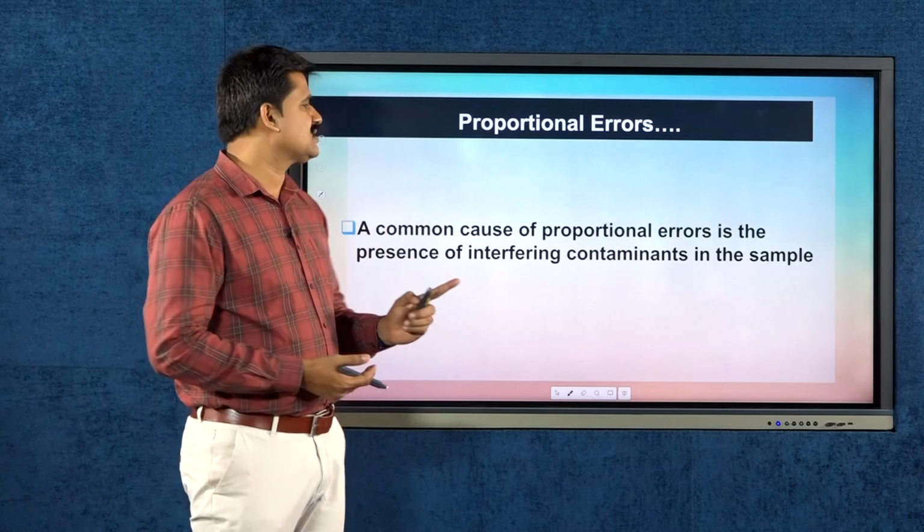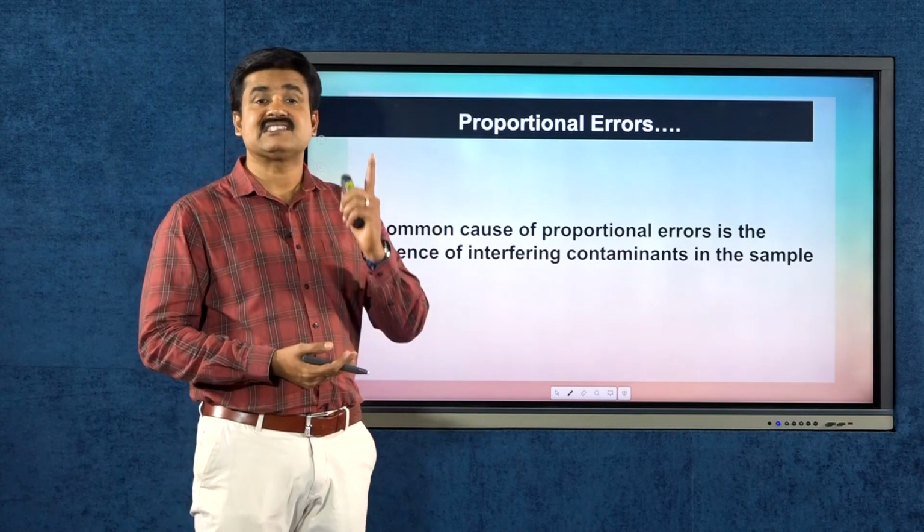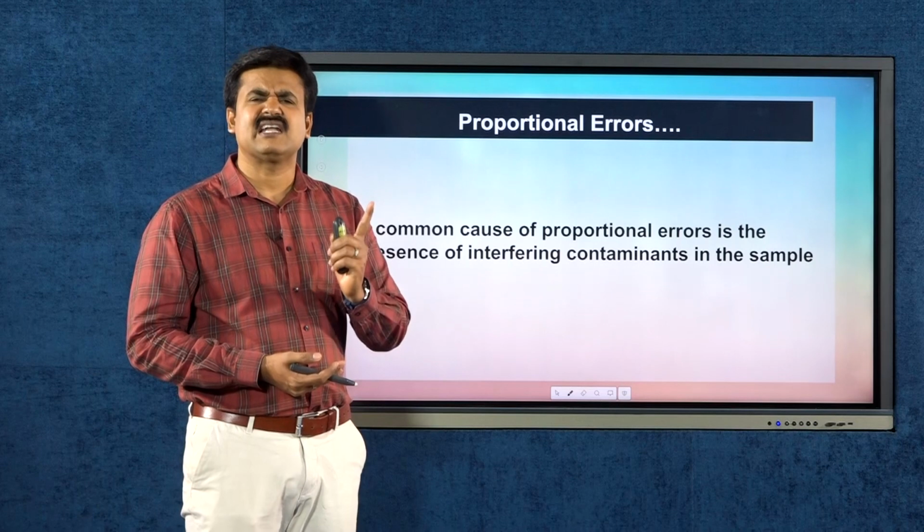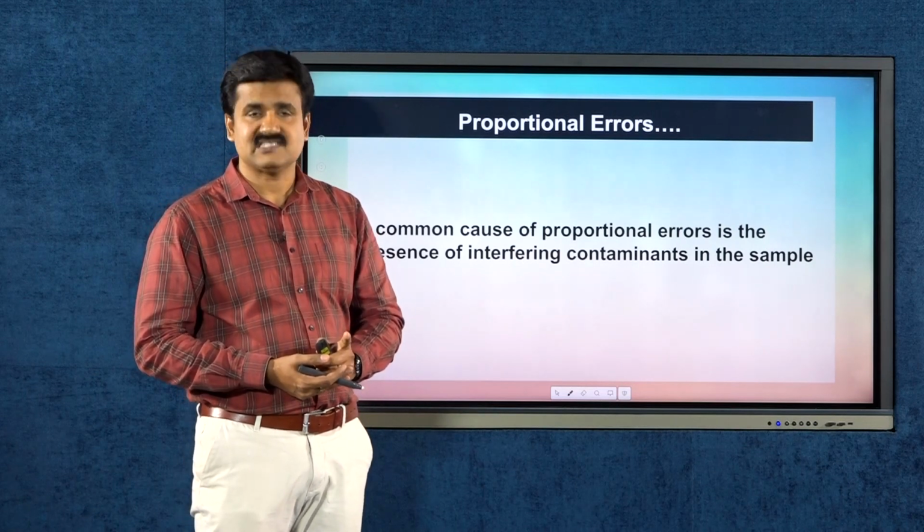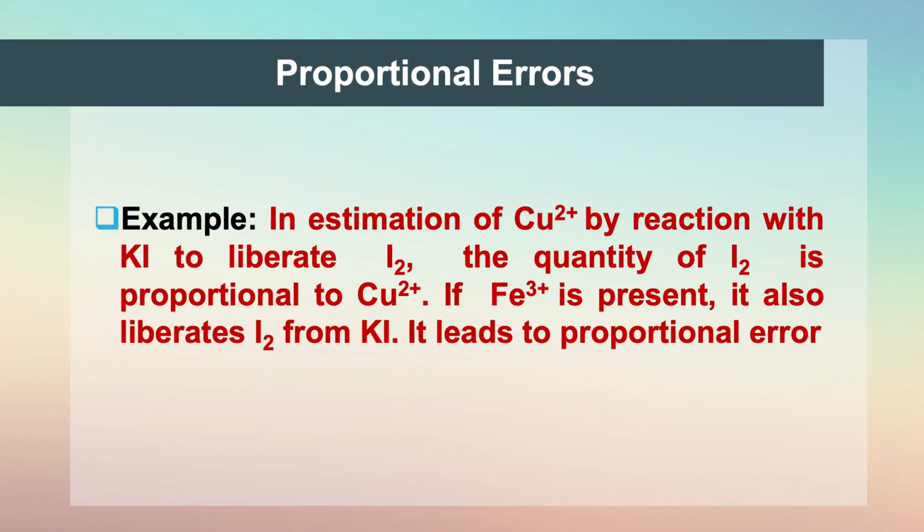A common cause of proportional error is the presence of interfering contaminants in the sample. For example, there is an estimation procedure for copper 2+ ion by reaction with potassium iodide. In this reaction, copper 2+ on reaction with potassium iodide liberates iodine.